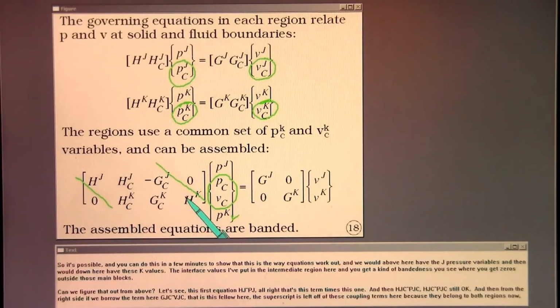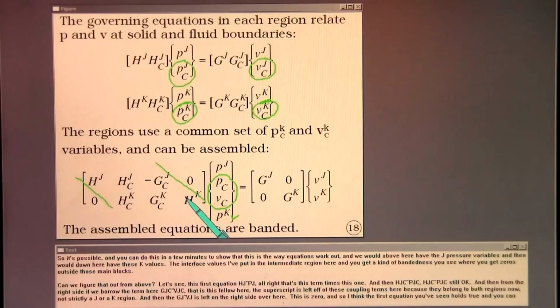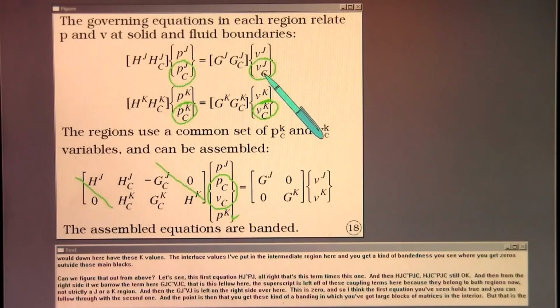Can we figure that out from above? Let's see, this first equation, Hj, Pj, all right, that's this term times this one, and then Hjc, Pjc, up here, still okay. And then from the right side, if we borrow the term here, GJC, VJC, that is this fellow here.